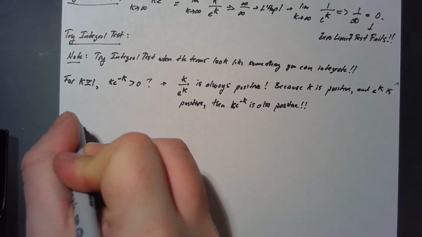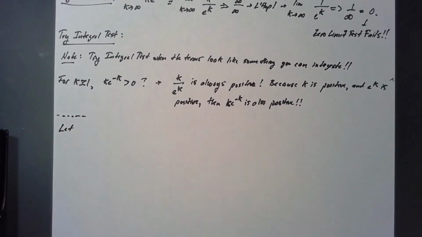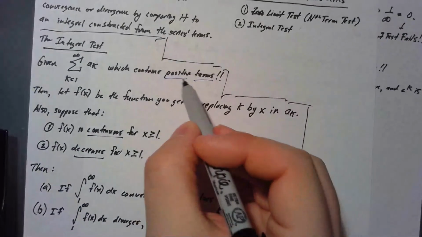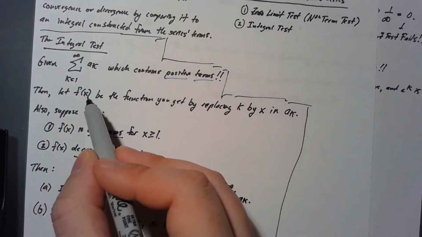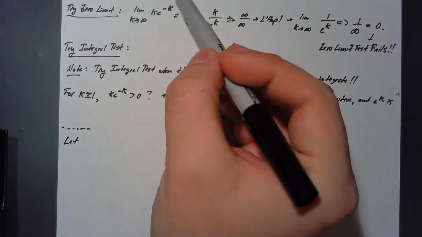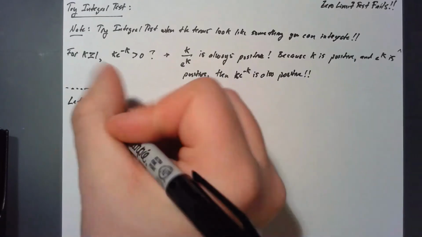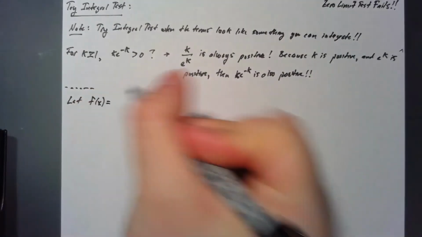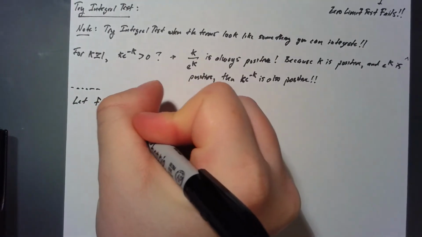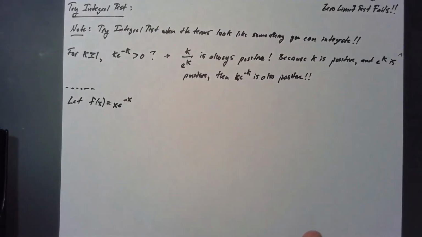So remember, since this is a positive term series, we're going to let the function f of x replace the series. So instead of writing k e to the negative k, all right, let f of x equal x times e to the negative x. I'm just replacing it with x instead.